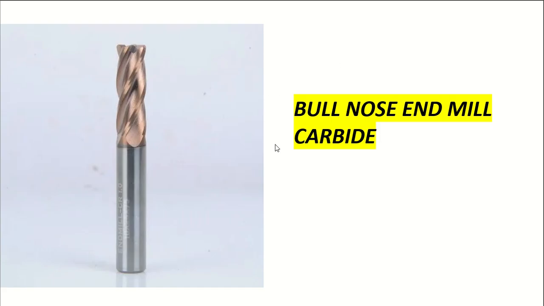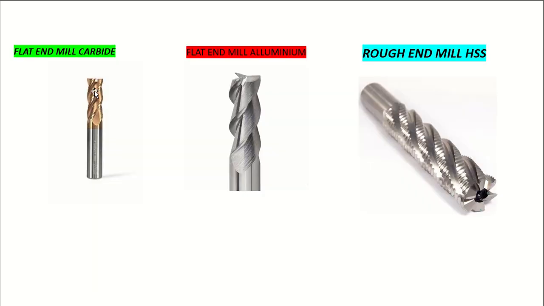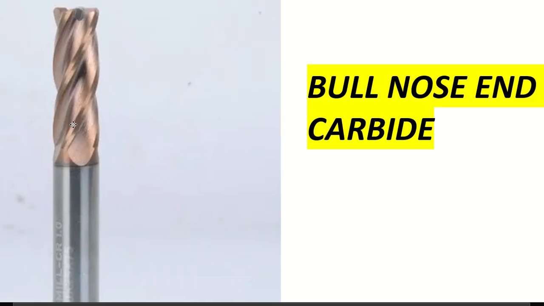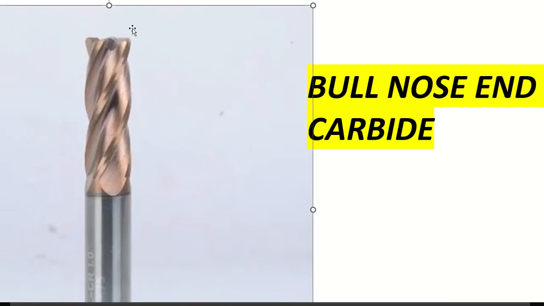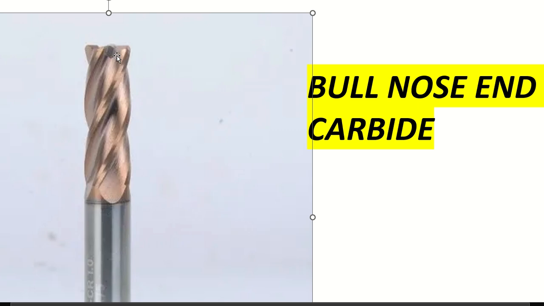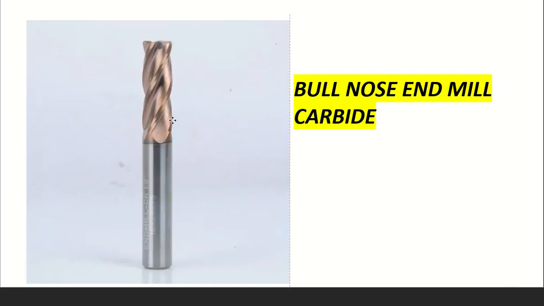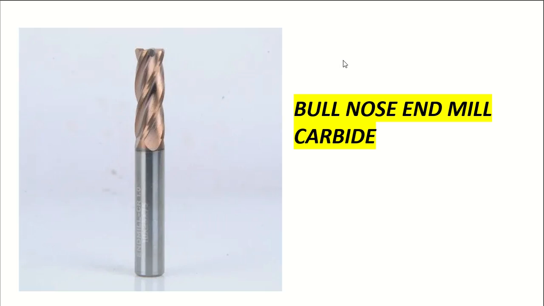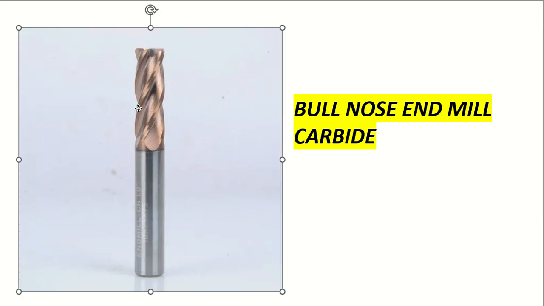This is the bull nose end mill, carbide. You can see this is a carbide tool and this is the bull nose end mill. This is a flat end mill. This is a bull nose end mill. What is the difference of both? Many are confused with the selection of the end mill. You can see here, in this corner, having radius. When we have a radius at the corner of the tool, that tool we call a bull nose end mill, right?